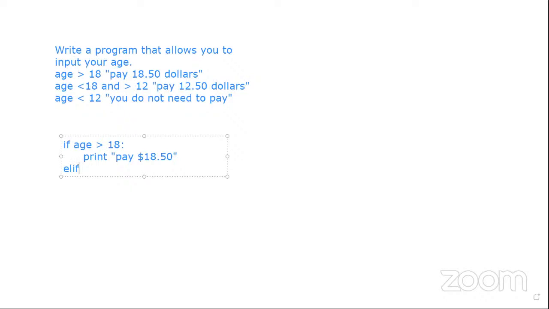So elif age is smaller than 18 and age bigger than 12. Remember, after every if or elif, you gotta put a colon. Everything that comes after the colon is part of the same elif or if statement. So print, and remember, you gotta get the indentation right. And then you do elif again. Actually, for this case, you do else.